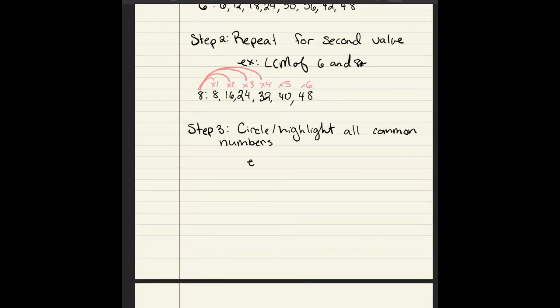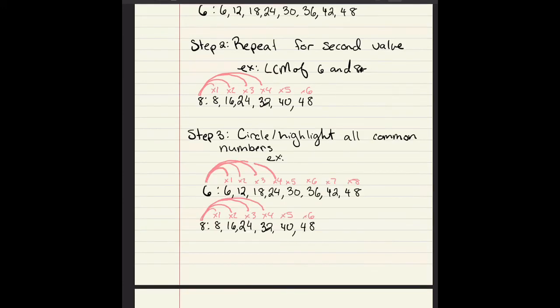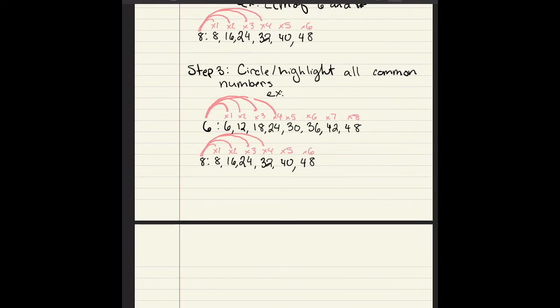Now step 3 is circle or highlight all common numbers. Here I have them listed out again, and you circle or highlight all common numbers.